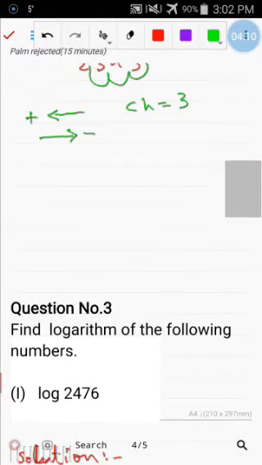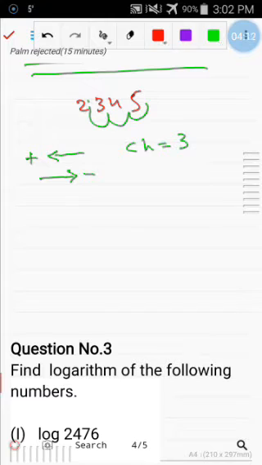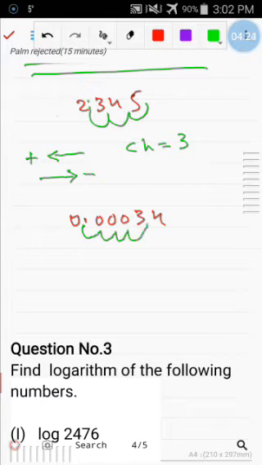For example, if we have the number 0.00034, we move the decimal point from here to remain only one non-zero digit on the left side of the decimal point.